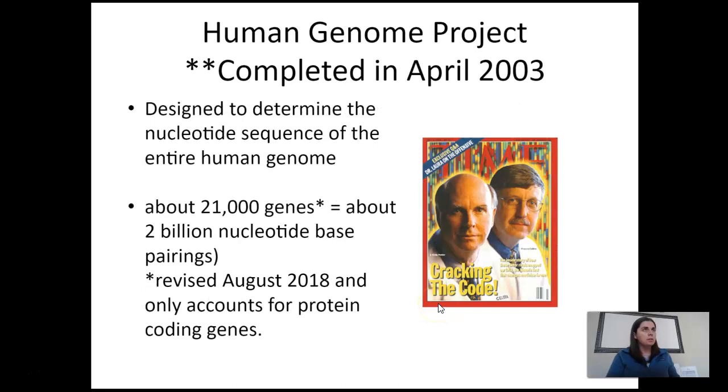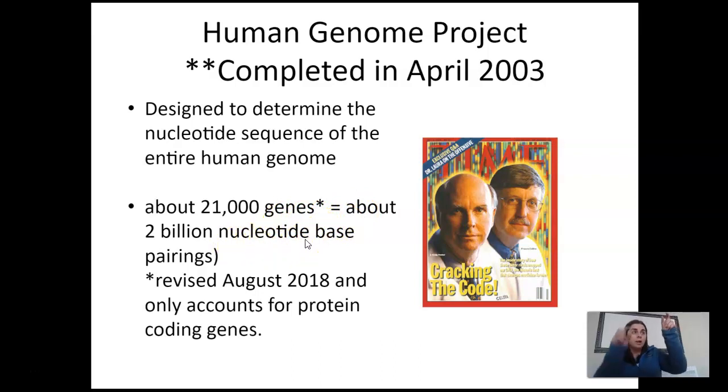All right, so the Human Genome Project was completed in April of 2003. It is designed to determine the nucleotide sequence of the entire human genome. We have figured out from this that there are about 21,000 genes. That's about 2 billion nucleotide base pairings.